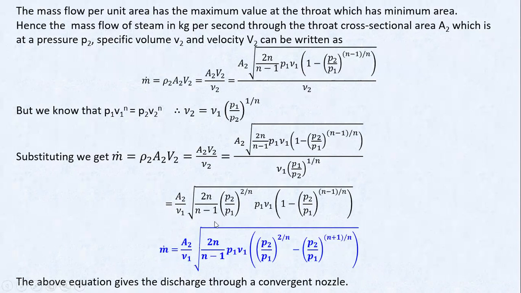And this mass flow rate, if we observe, we can see that it depends on the inlet conditions as well as the pressure ratio. It depends on the area of the throat, and it is independent of any other things.